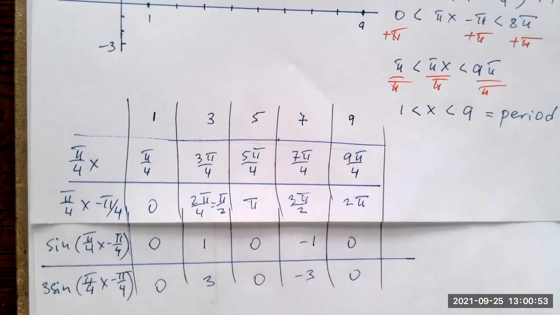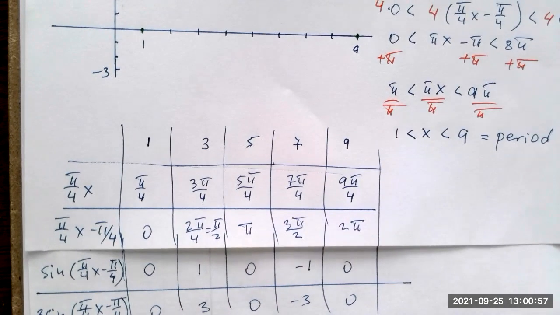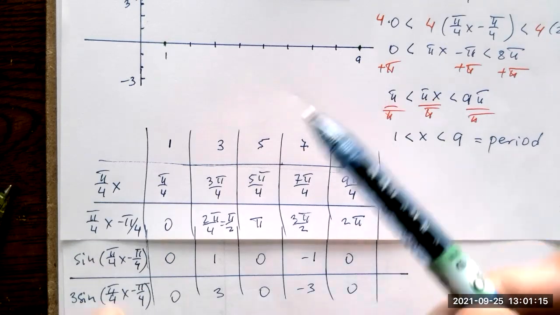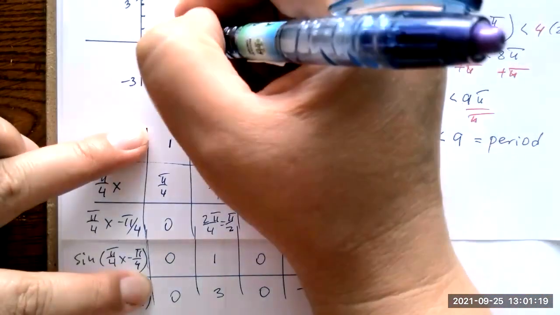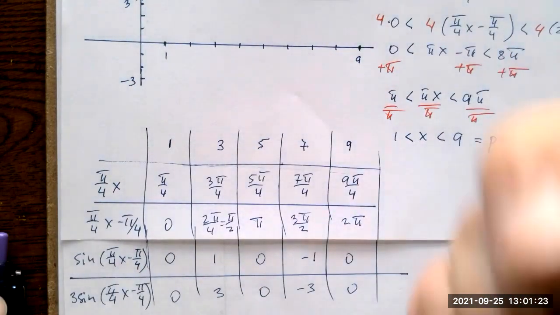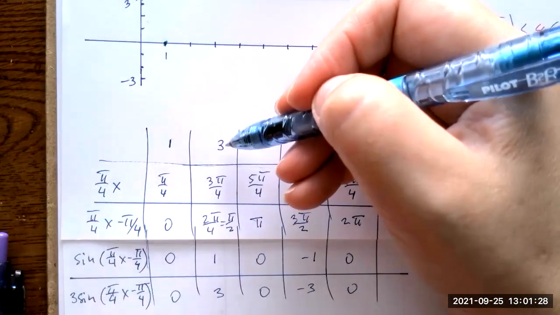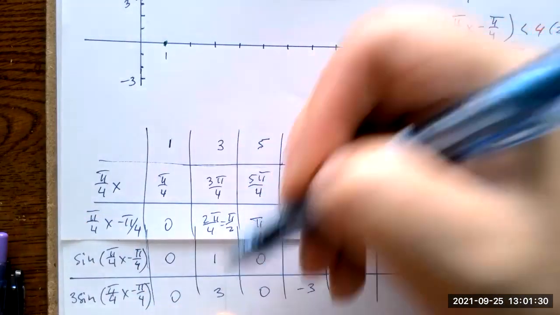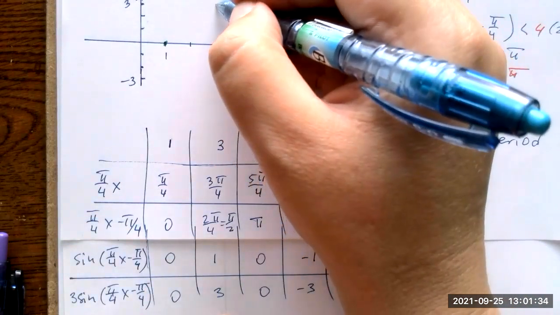And so we're going back to our graph and graph those y values. So we have 1, 0. That's our first pair. Let me grab a different color. And then we have 3, 3.